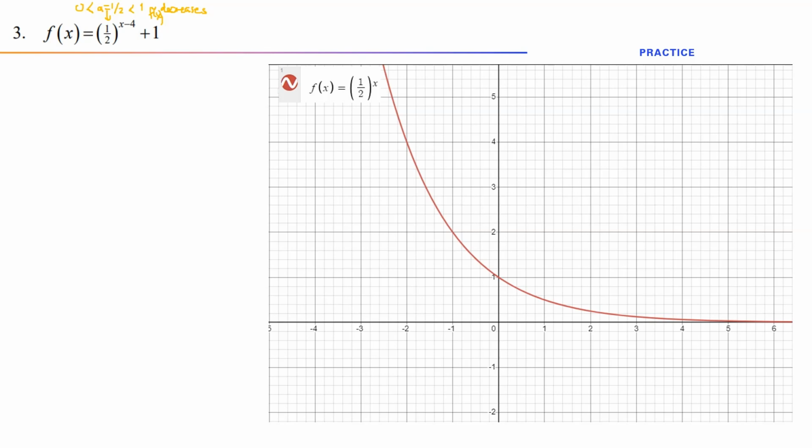So now the parent function is f of x equals (1/2) to the power of x, the red graph right here. Now from that graph, we'll find some points. Here is a nice point.